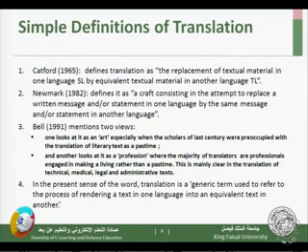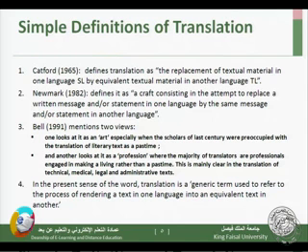For instance, if you want to translate from English into Arabic, English is the source language and Arabic is the target language. If you want to translate from Arabic into English, then Arabic is the source language and English is the target language. So SL is the initials of these words, and TL is the initials of these words. Now this is Catford's definition, very simple.